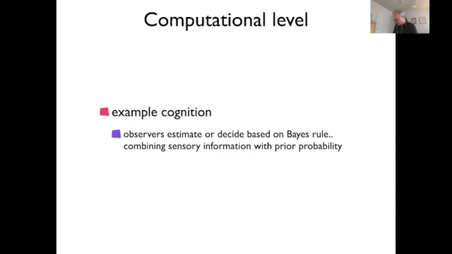A famous example is people having to decide whether a tennis ball that they see on a computer display was inside or outside of the line, the kind of thing that the line judge has to decide. You can characterize the statistics, how often you see a ball on one side of the line or another.